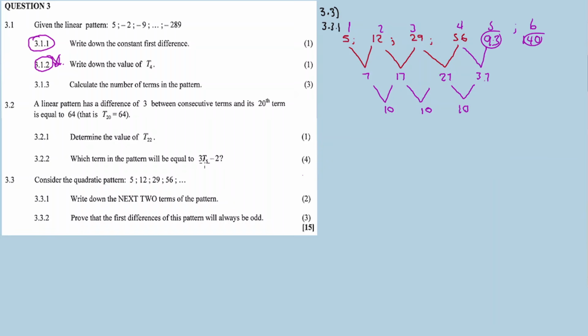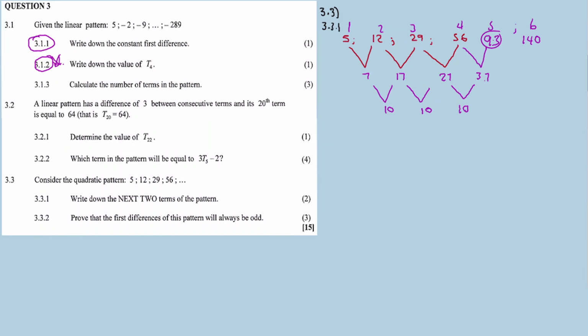In any quadratic pattern, if we need to find the next two or three terms without the nth term, this is what you do. So the next two terms are 93 and 140.